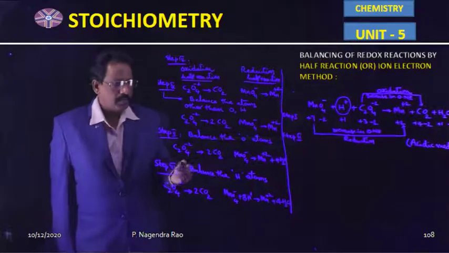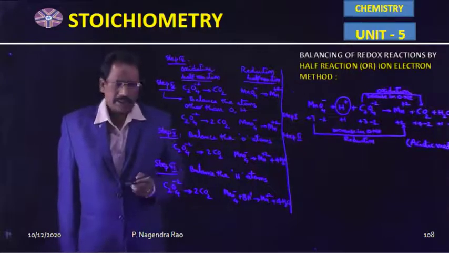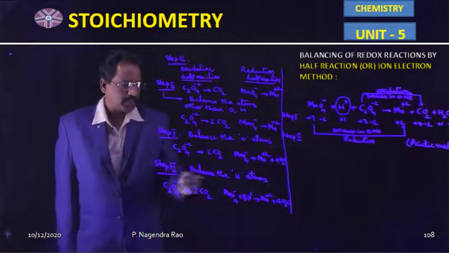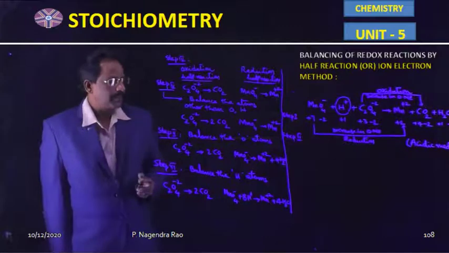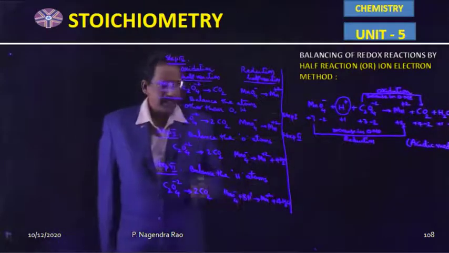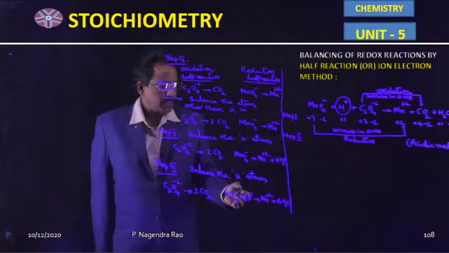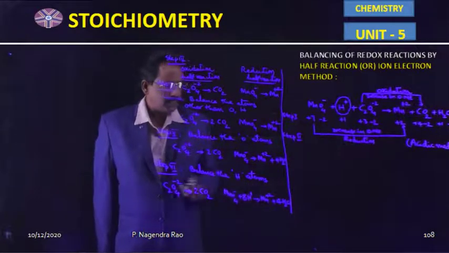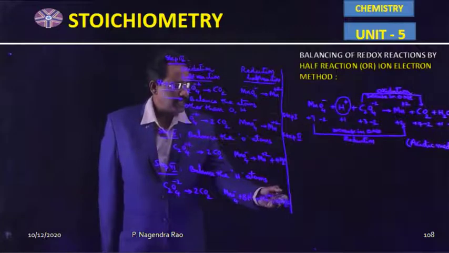So up to now, all the atoms are balanced. 2 carbons, 2 carbons, 4 oxygens, 4 oxygens. Here also Mn is balanced, and hydrogen number is 8. Here also 8. Oxygen number is 4.